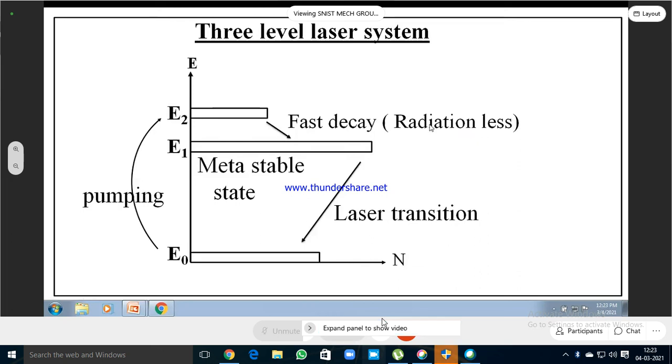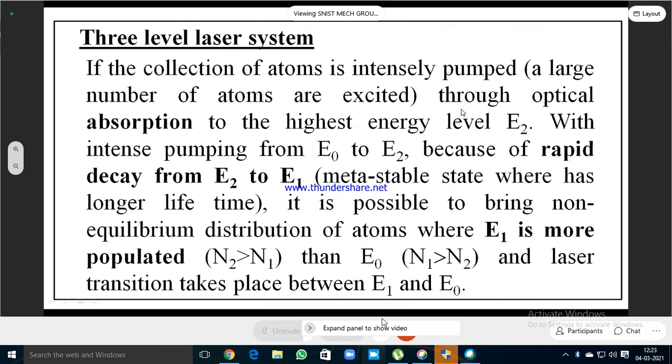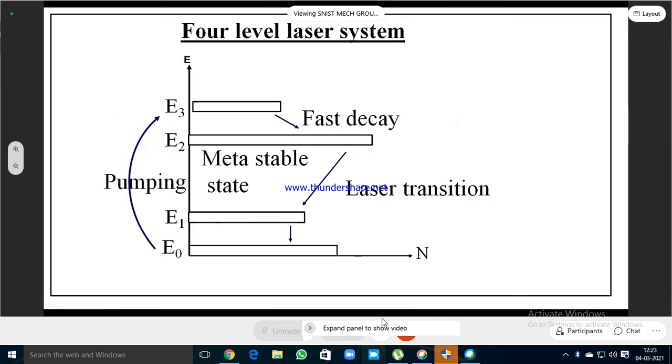Okay, guys, have you finished? Okay, let's go. So this is the four level laser system. Can anybody explain from this diagram? Whatever we discussed in the previous diagram, everything is the same.